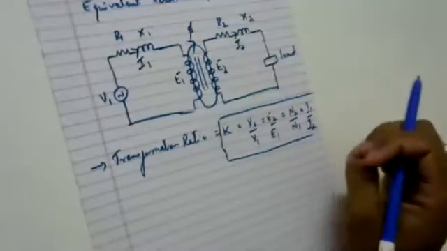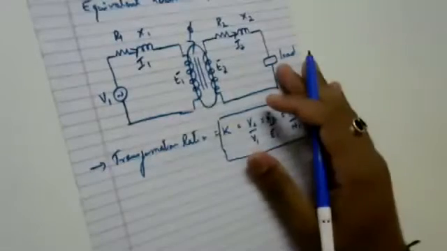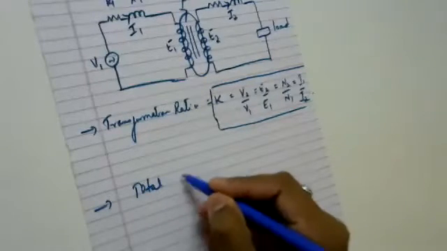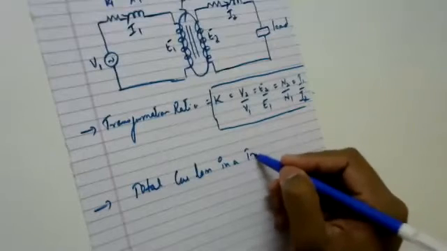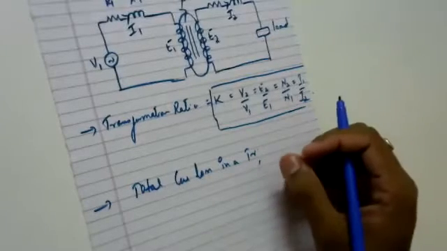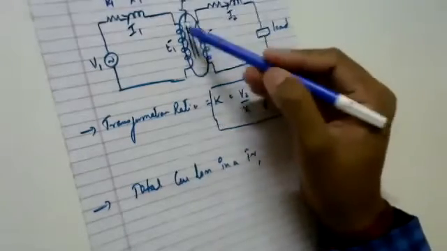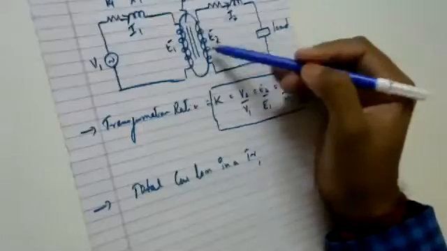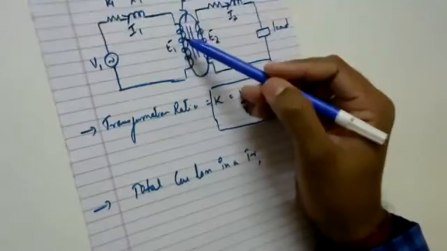Now let me say that the total copper loss that occurs in both the primary winding and secondary winding of a transformer is given by, okay. Total copper loss in the sense what? The primary winding is made of copper, and the secondary winding is also made of copper. Since it is made of copper, it has some internal resistance, represented by R1 and R2.